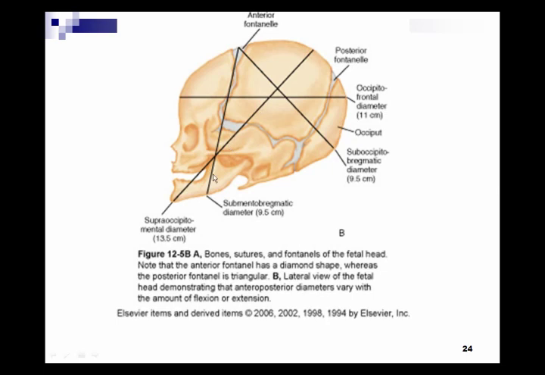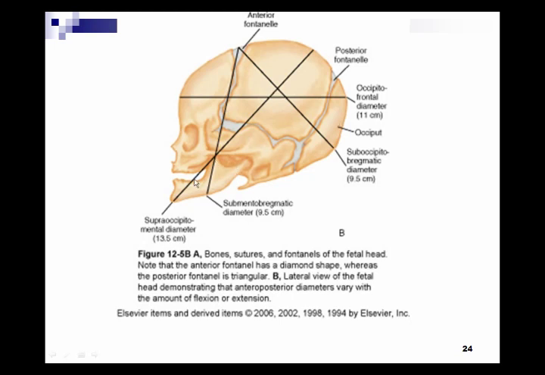We can have a little bit of overlapping here. Then if we have what we call the brow presentation, look how much that is, 13.5 centimeters. That is a lot more to accommodate with a vaginal delivery. Of course, we have a little bit of molding here, but not as much as these other two.